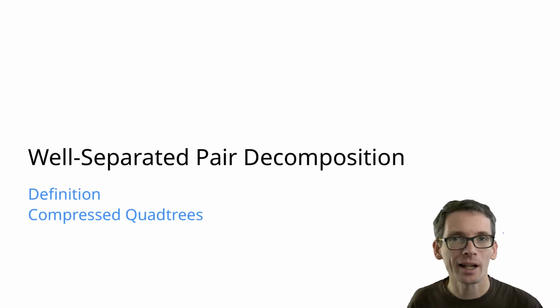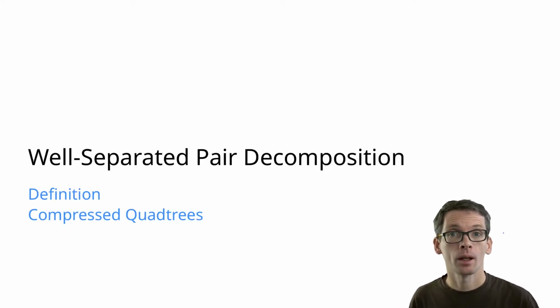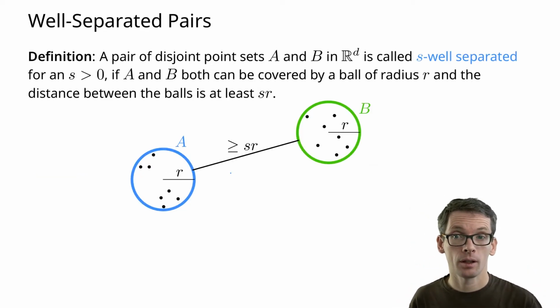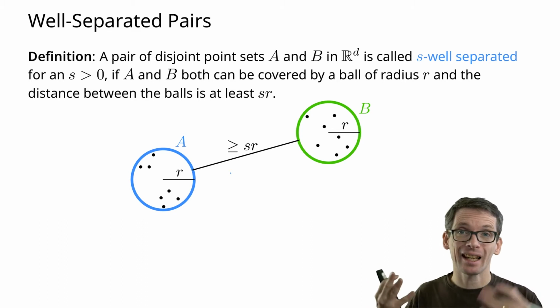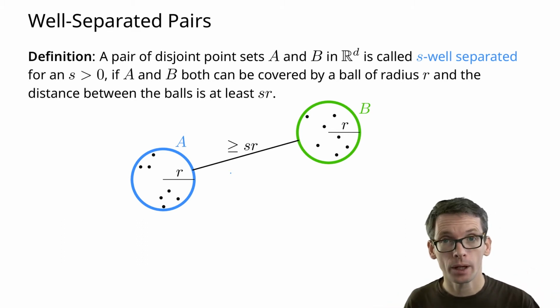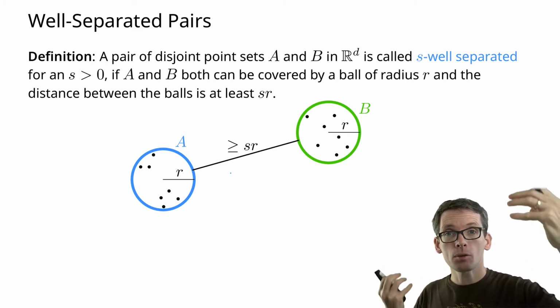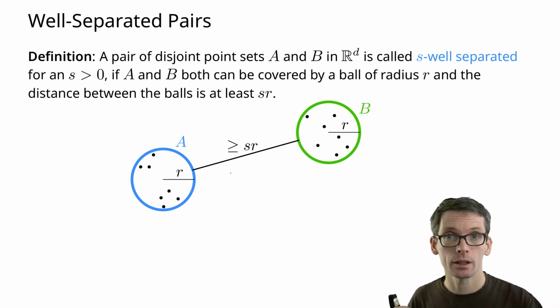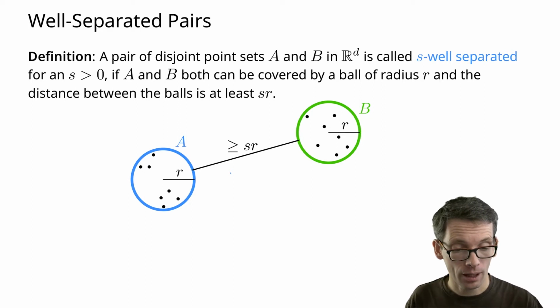So what is a well-separated pair decomposition? Let's start by defining what a well-separated pair is. So we have 2 point sets, A and B, and we call them well separated, essentially, if the distance between A and B is large relative to the distances in A and relative to the distances in B. How do we formalize this?